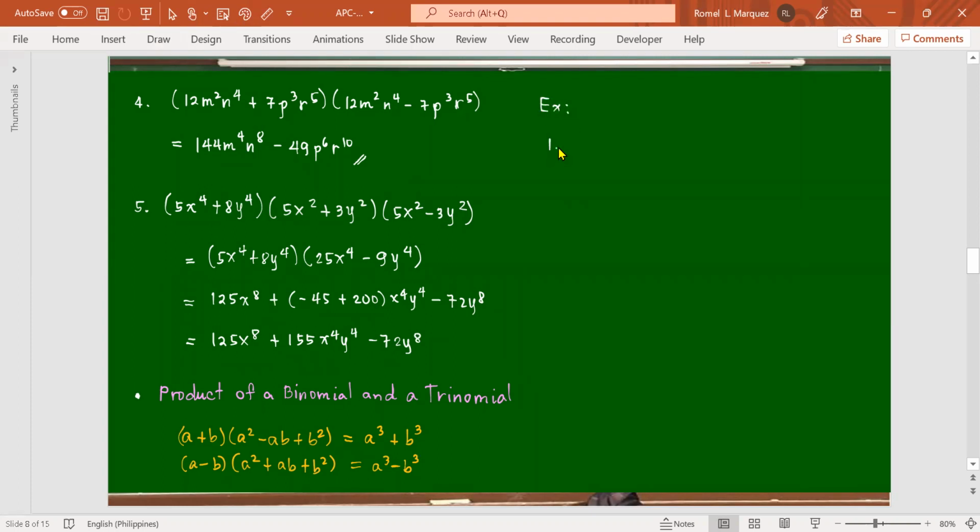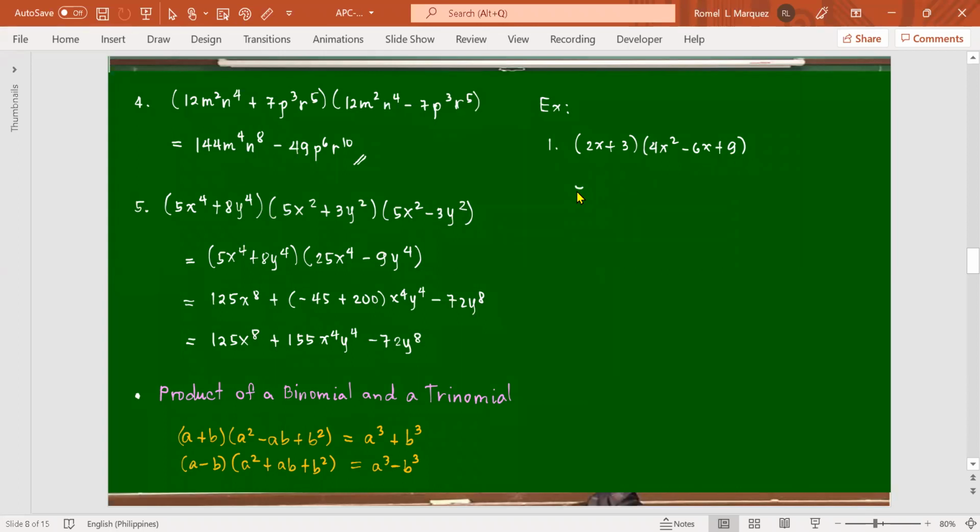Let's say I have 2x plus 3 multiplied to 4x squared minus 6x plus 9. Does it satisfy the form A plus B, A squared minus AB plus B squared?